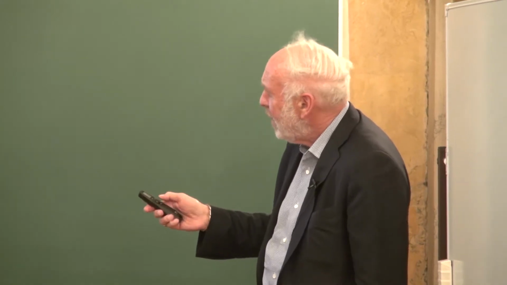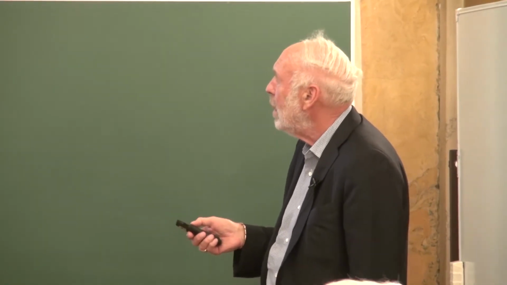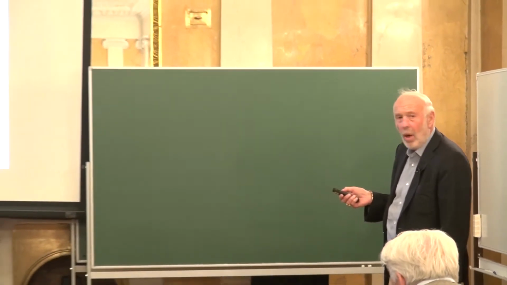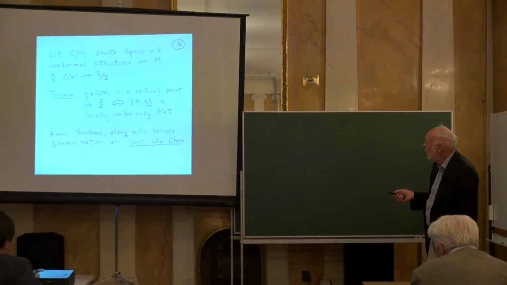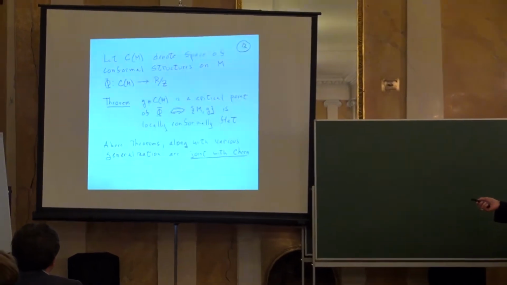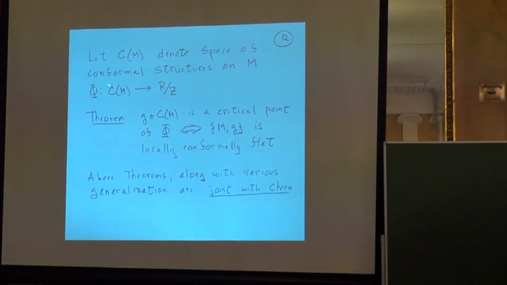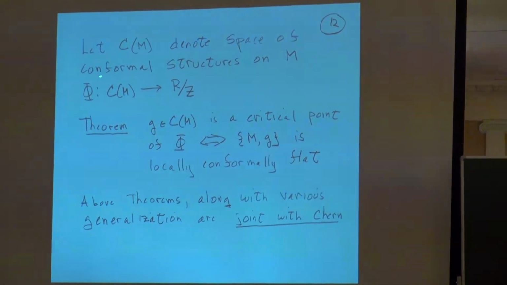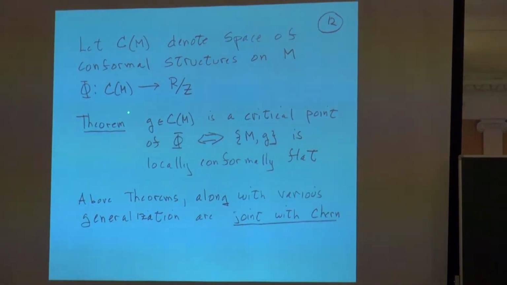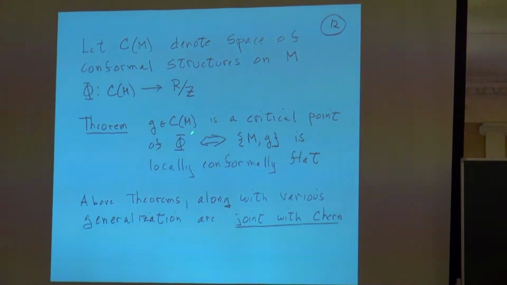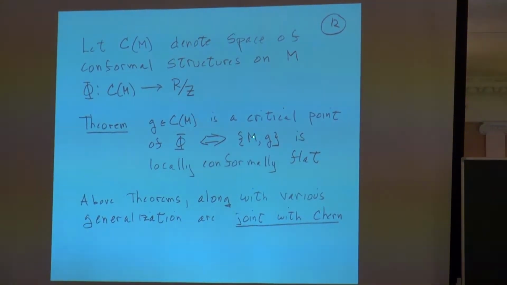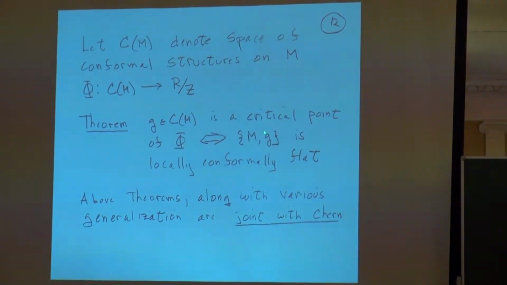And here's one more thing about this function that I've always treasured, although I don't know what good it will do. If you look at this, it is a function from conformal structures into R mod Z. So conformal structures is a big space, but nonetheless, there it is. So the critical points of phi, which is a pair, a manifold and a conformal structure, critical points are locally conformally flat. In fact, if it's a critical point, it's locally conformally flat, and if it's locally conformally flat, it's a critical point.